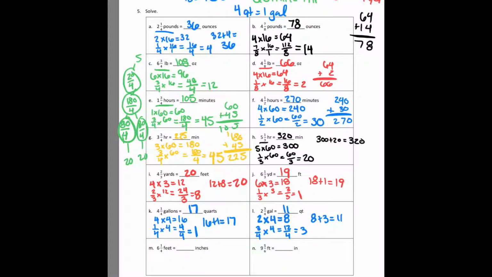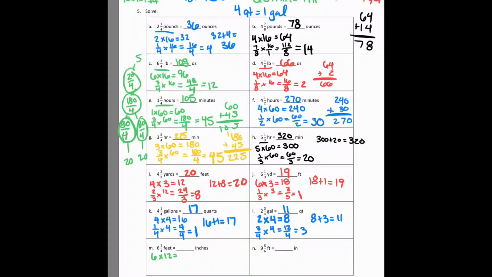All right, let's look at M. We have 6 1/4 feet. Now we're doing a different conversion. We know there are 12 inches in 1 foot. And so instead of multiplying by 4, I'm going to multiply by 12. So I'm going to say 6 times 12, which is 72.